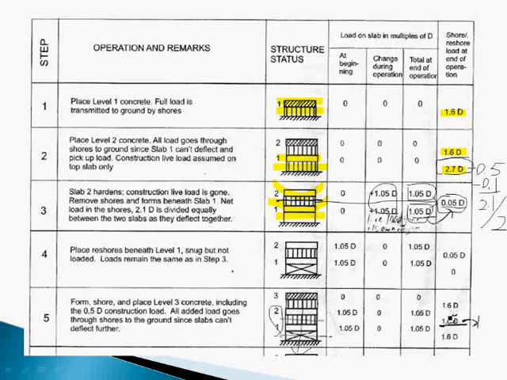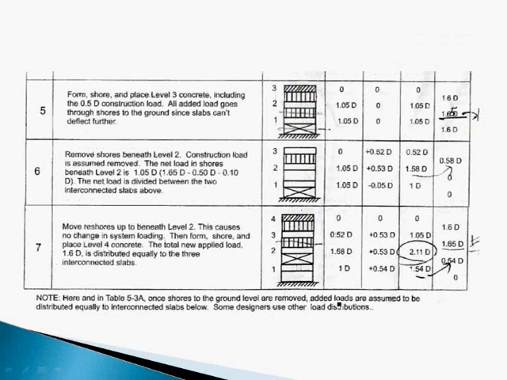Now, for you to figure out the weight on the second floor shoring, you want to take its previous load plus the load that has been transmitted through that, which is 1.6D, which gives you 1.65D in total. Let's go to step 6.